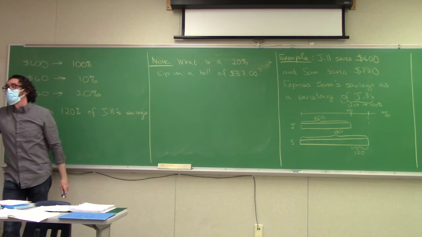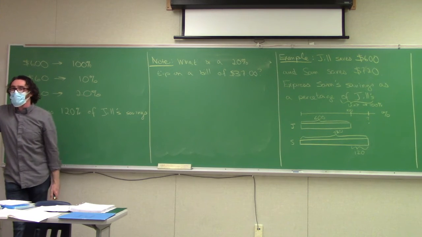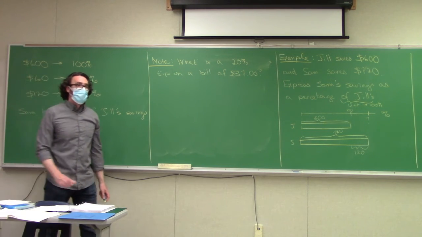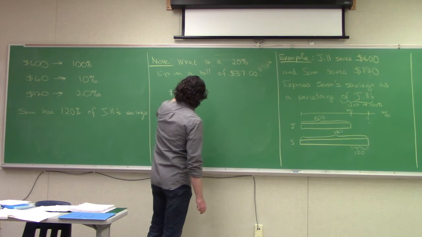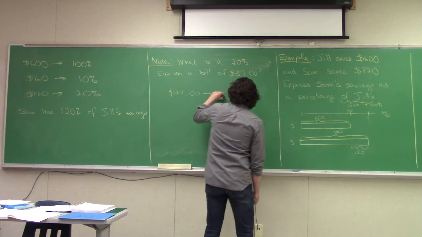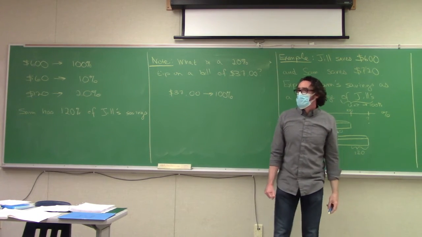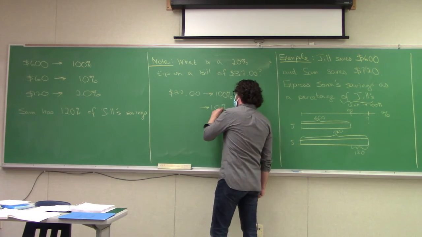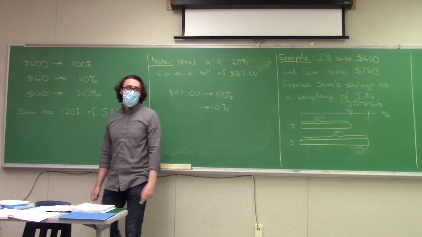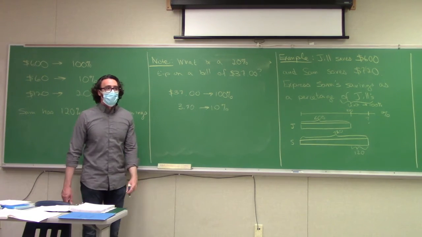You want to leave a 20% tip. Use what we just talked about. What's your tip? So the $37 corresponds to 100%. What's 10% of this? $3.70.